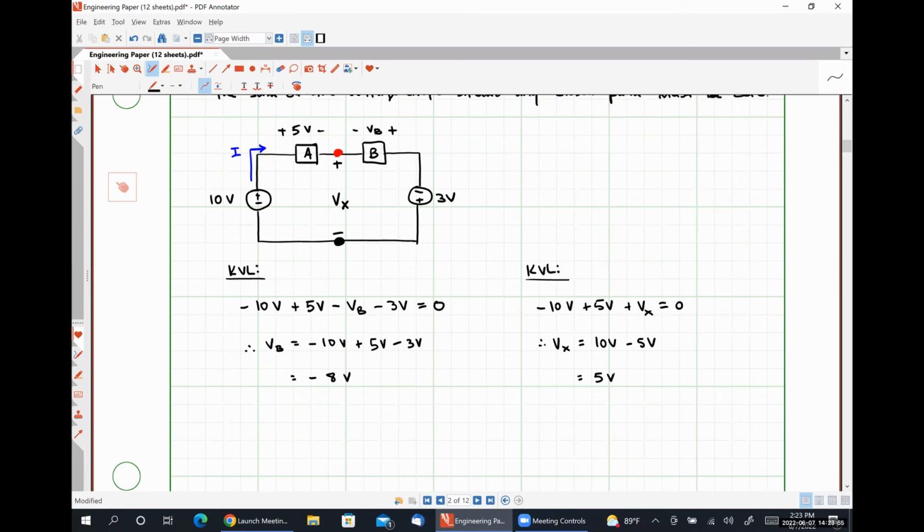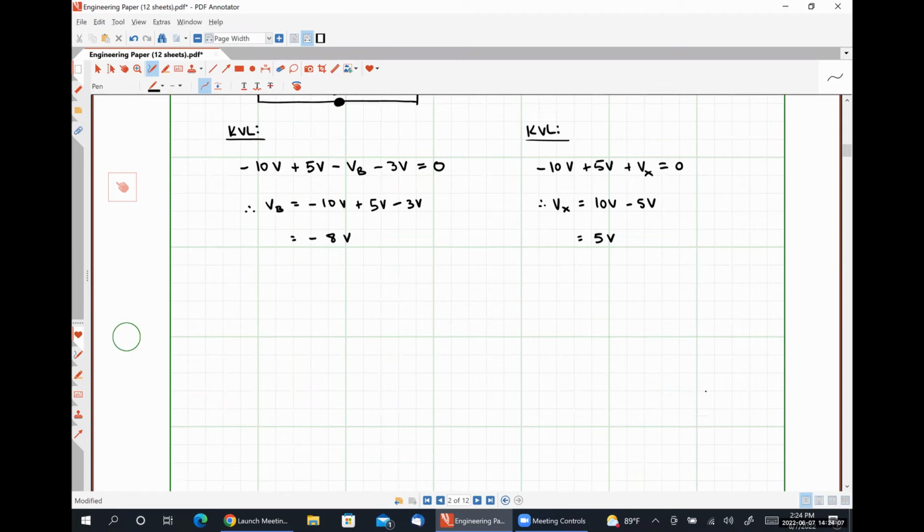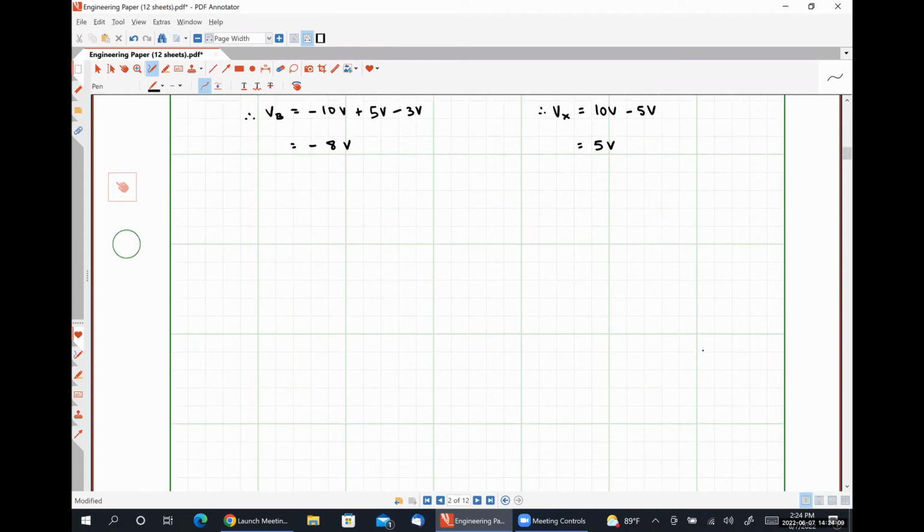We can use Kirchhoff's voltage law in combination with Ohm's law in order to do a little bit more robust circuit analysis, okay? So let's say that we have the following circuit.